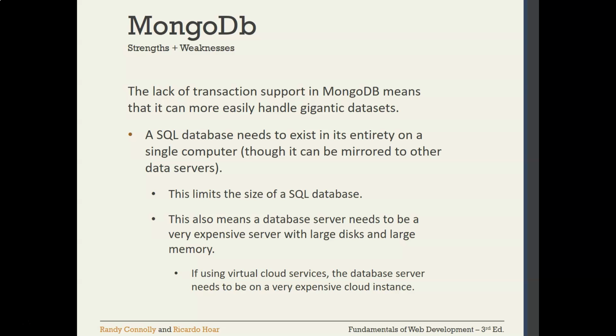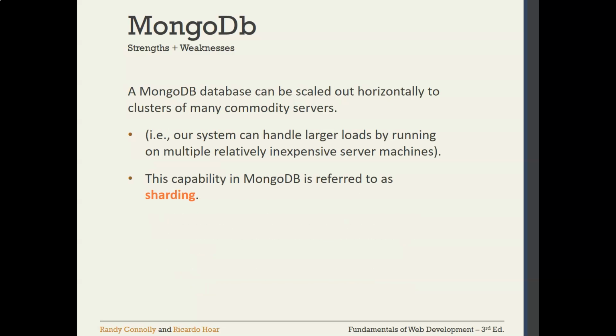If you're using virtual cloud services, say AWS, you still have the same problem. You have to rent out a very expensive cloud instance in order to manage your database server for a SQL database. But a Mongo database can be scaled out horizontally to clusters of what are sometimes known as commodity servers, right? These are relatively inexpensive server machines that you can buy in the hundreds.